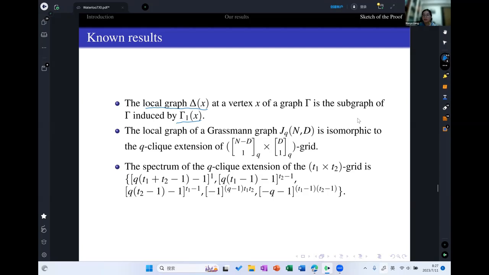For a distance regular graph, the local graphs are isomorphic for all x.